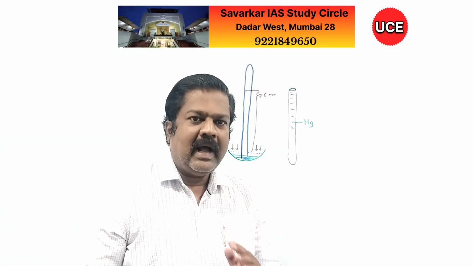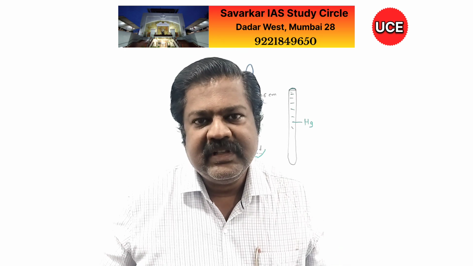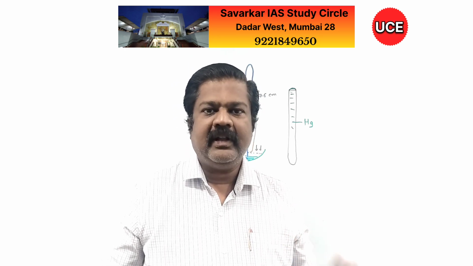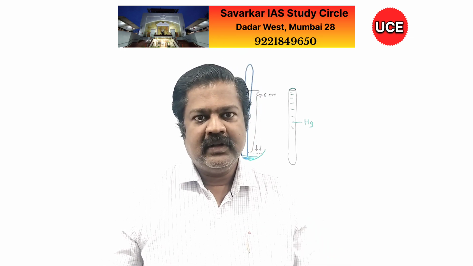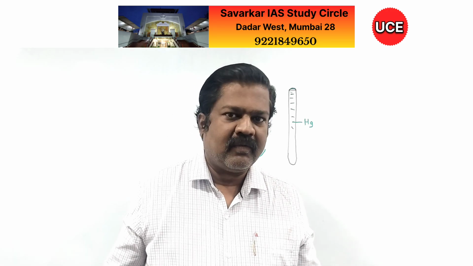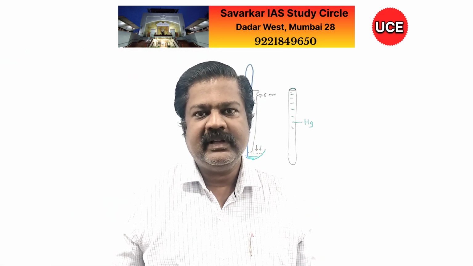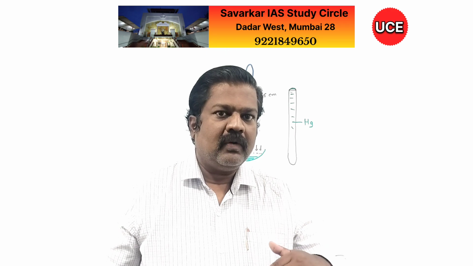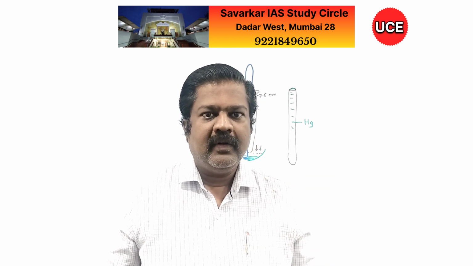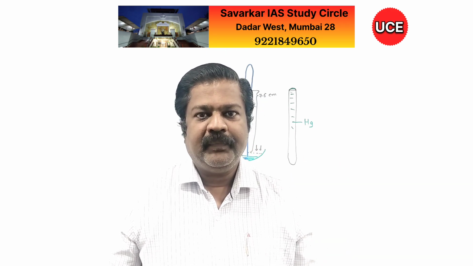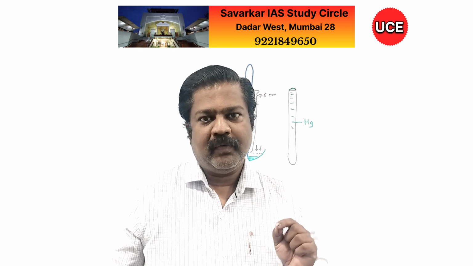So for approximately every 160 meter altitude, the real number is 165 meter, but for calculation purposes we are considering it as 160 meter, the mercury level will fall by 1 mm.